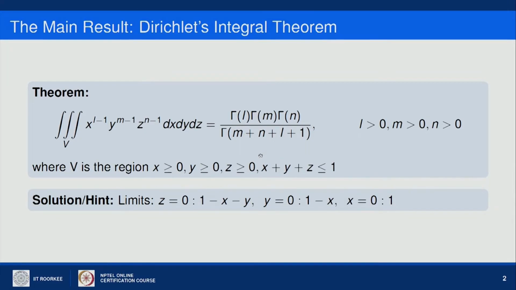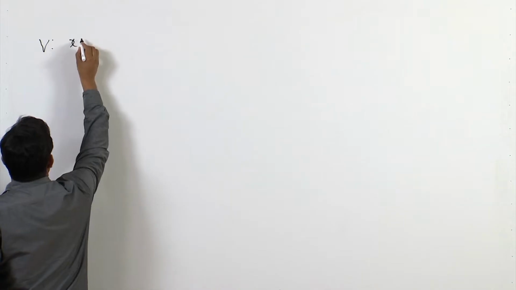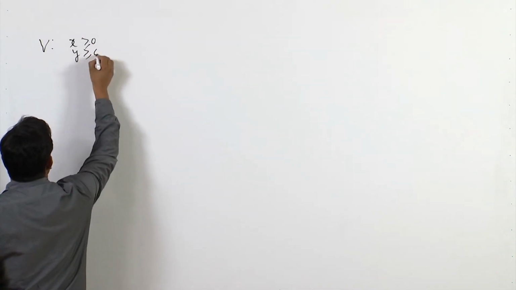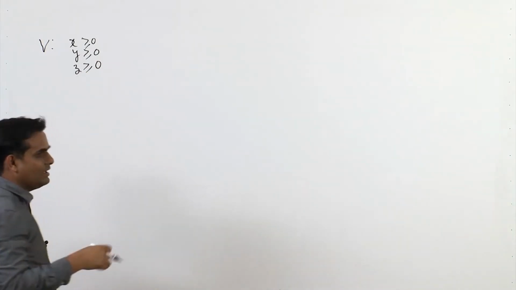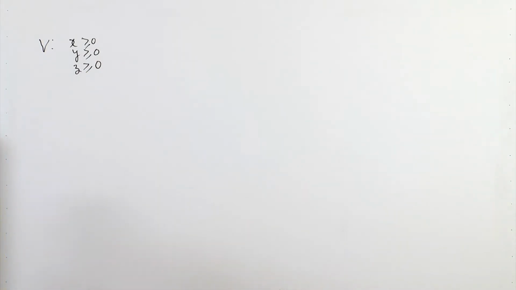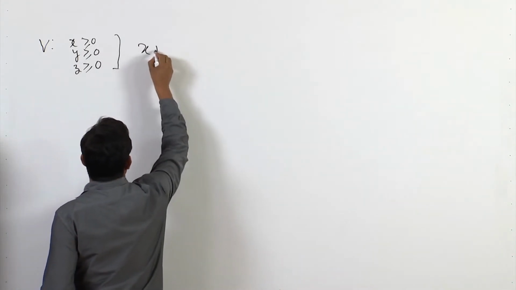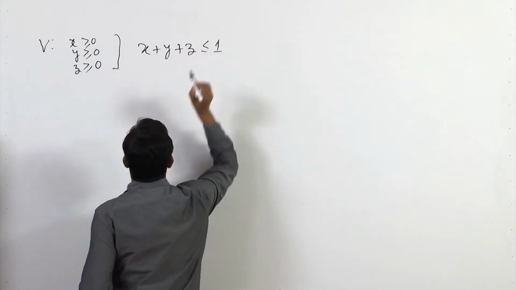Here V is given as x greater than or equal to 0, y greater than or equal to 0, z greater than or equal to 0. It means we are in the first octant, together with the condition that x plus y plus z is less than or equal to 1.